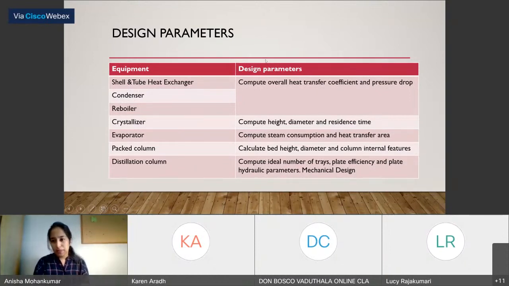This is just the basics. I just wanted to give you a rough idea of what you really need to estimate in a design. All these estimations are done using standard formulas and procedures, and you have to follow those standards when calculating each of the parameters.